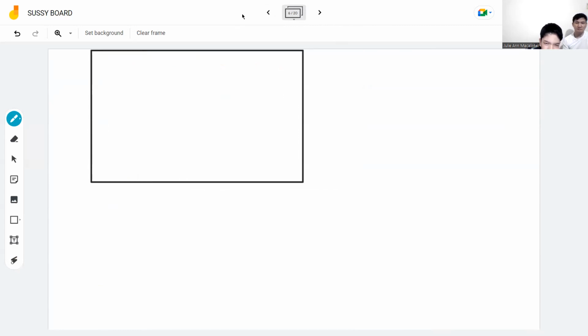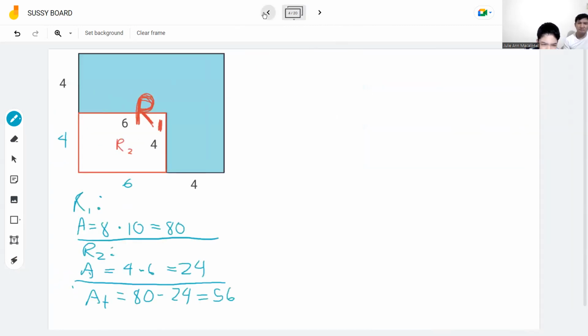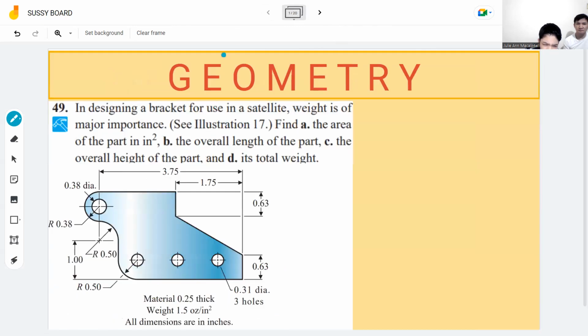Okay, so first, these are our dimensions. 0.38 diameter for the little one, and the big circle has radius 0.38.